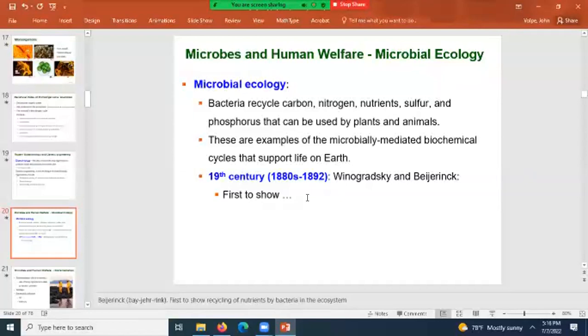They studied lots of microbes living together in the ecology. Anyways, they were the first to show that the recycling of nutrients, such as nitrogen and sulfur, happen by microbial mediated biochemical cycles. Any question about any of that?